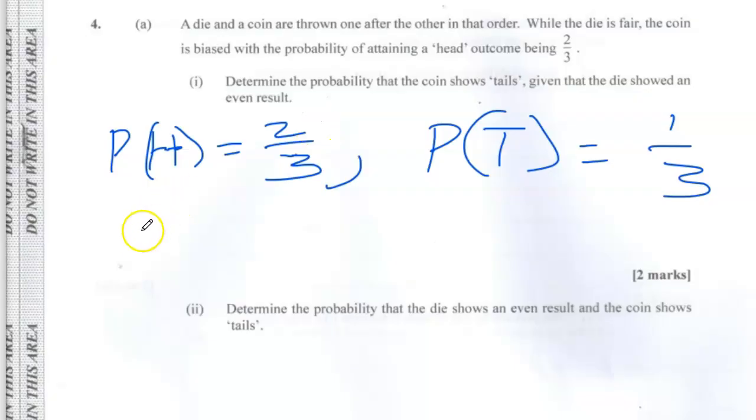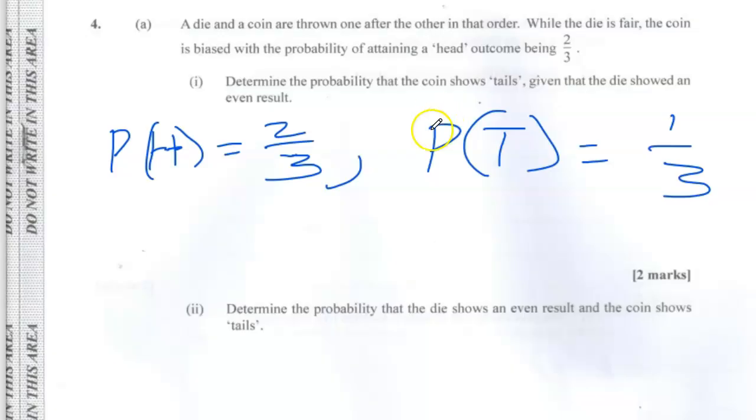Now let's look at part 1. The die is fair, so any number on the die would be 1/6. Determine the probability that the coin shows tails given that the die showed an even result. So it's a conditional probability. The die was tossed, and then the coin was tossed. We have to check if the events are independent, which they are, because what shows on the coin has nothing to do with what shows on the die.